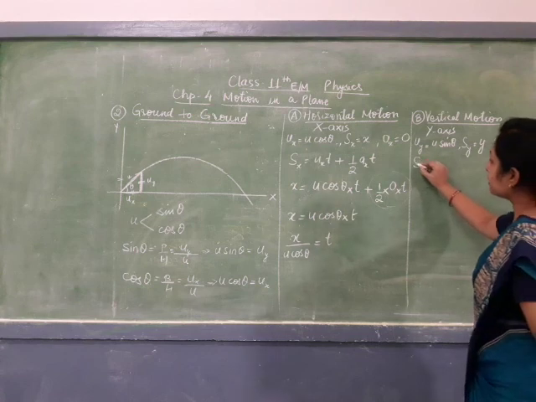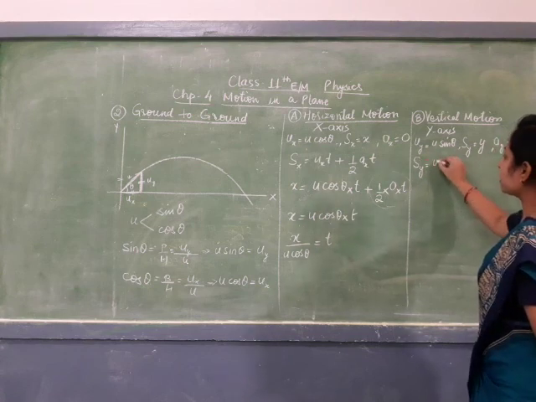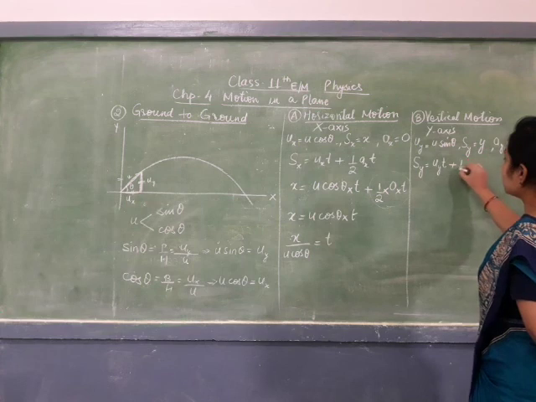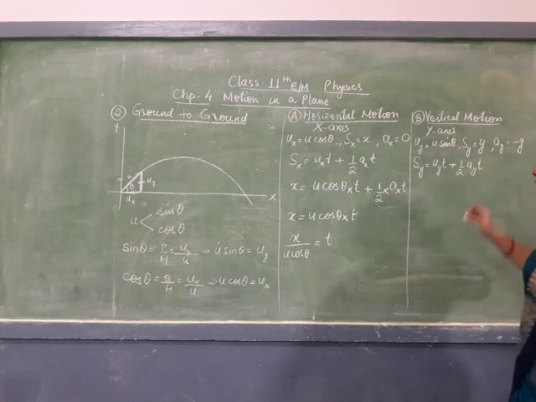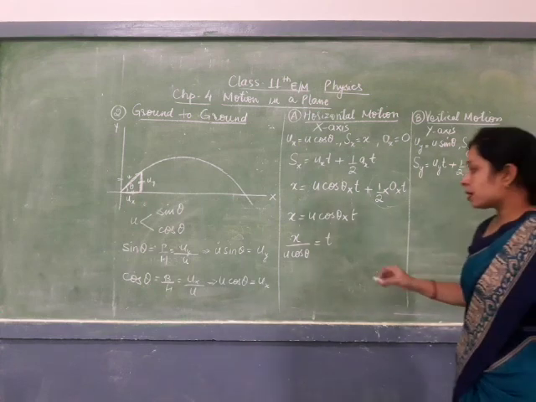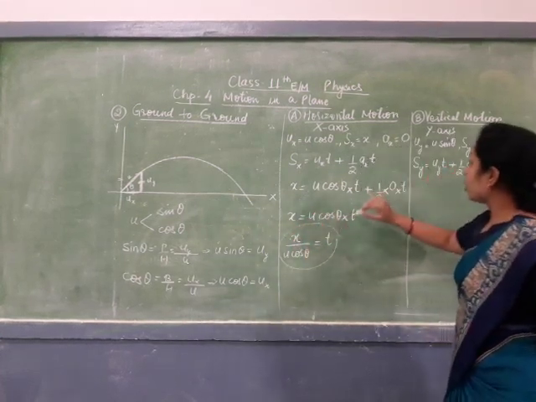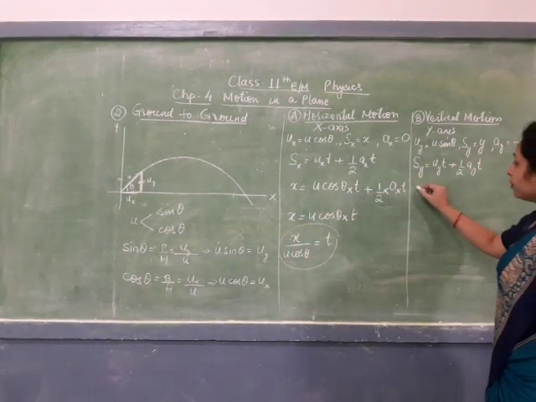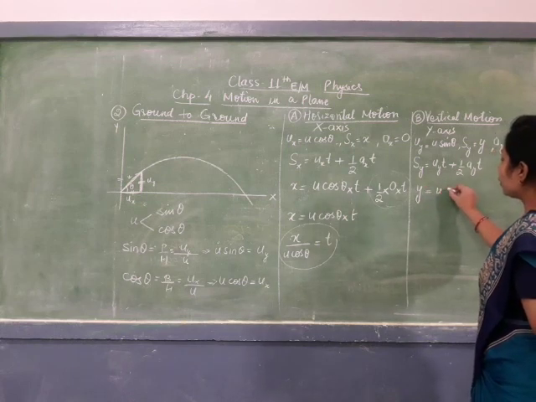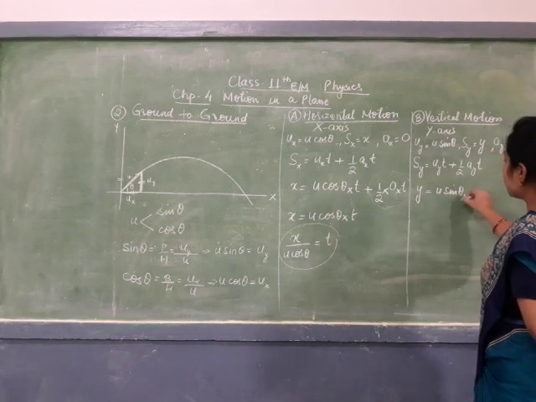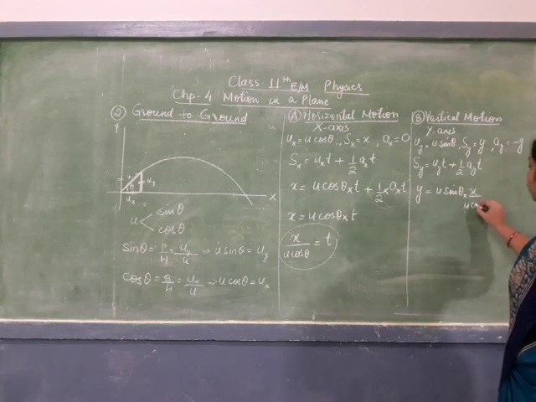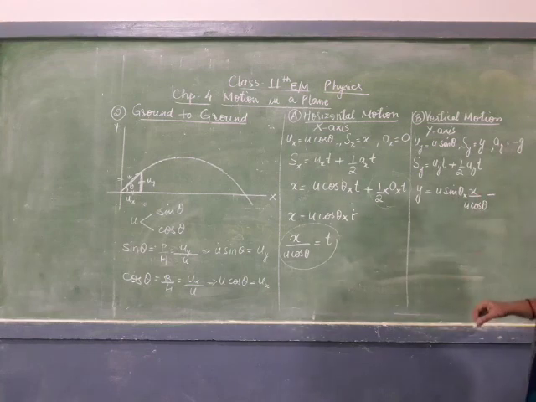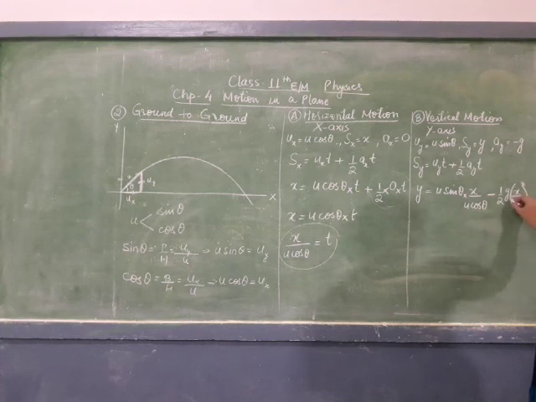Now again considering the second equation, sy is equal to uy t plus half ay t squared. Now substituting the value of t along with all these values, you will have y is equal to u sin theta into x upon u cos theta minus half g into x upon u cos theta whole square.